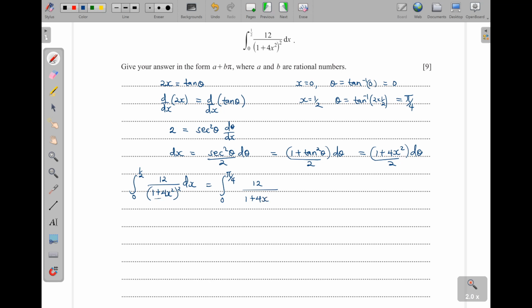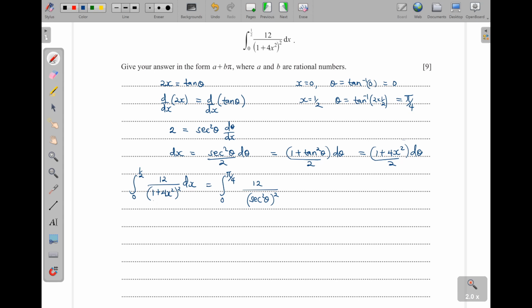Now 1 plus 4x squared, we have seen it here. This one is the same as sec squared theta. So instead of writing this 1 plus 4x squared, I will just put sec squared theta. But it is squared here, so I will put that square there. You see that?